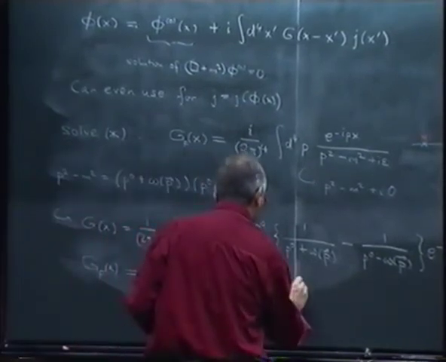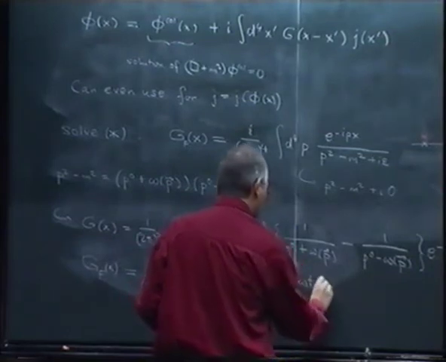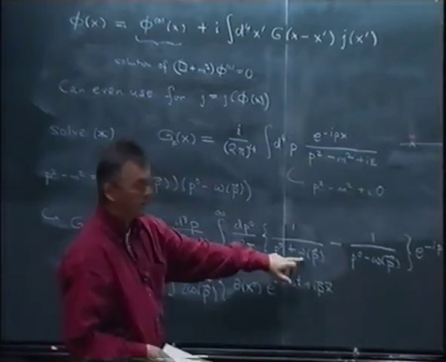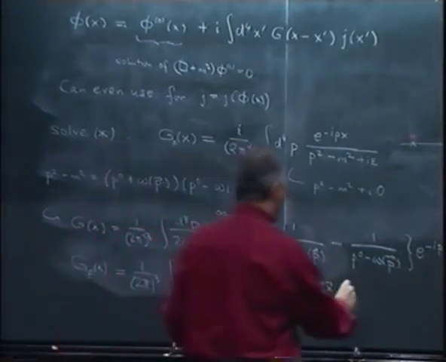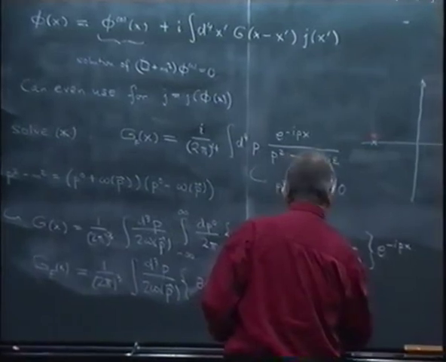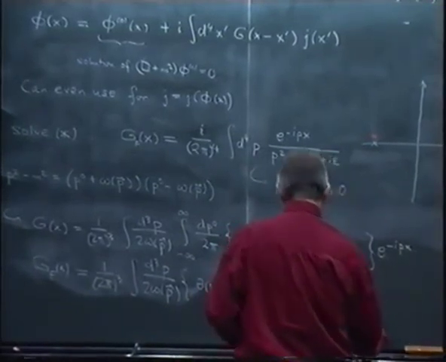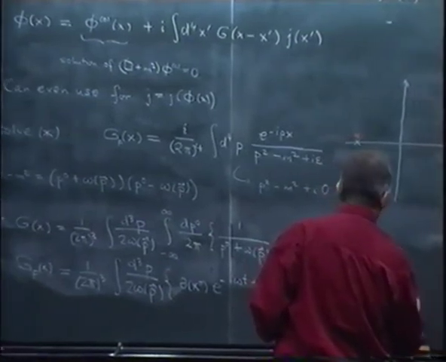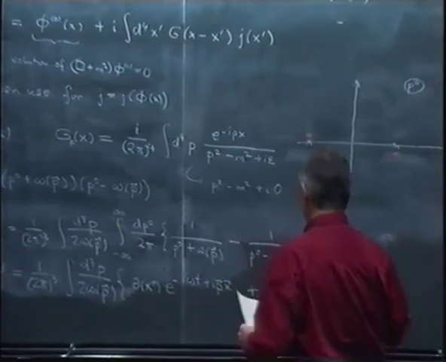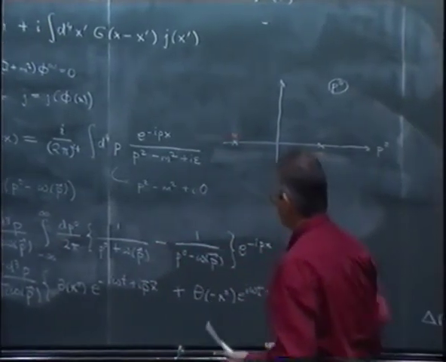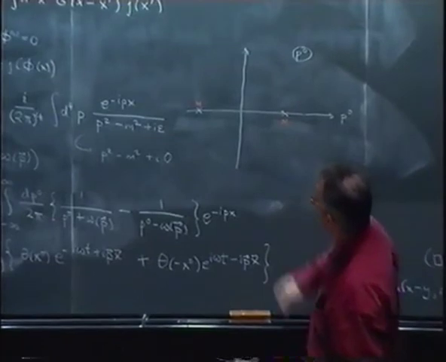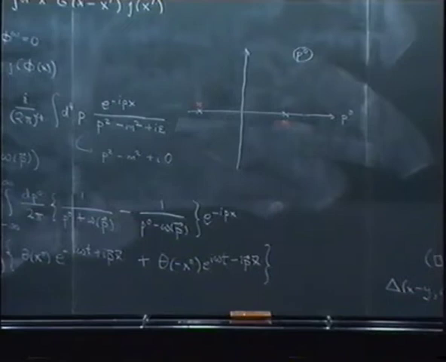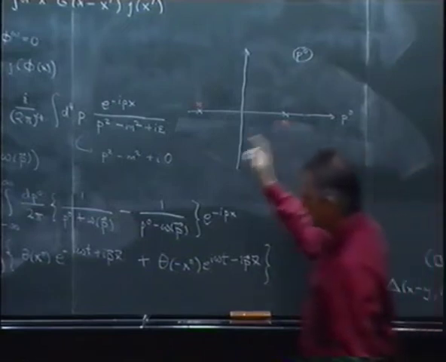So e to the minus i omega t plus i p x, where the omega is, of course, always the omega of p, plus theta of minus x0 e to the i omega t minus i p x. So this is what you find when you do this calculation with this prescription of shifting the poles into the complex plane precisely in this way.